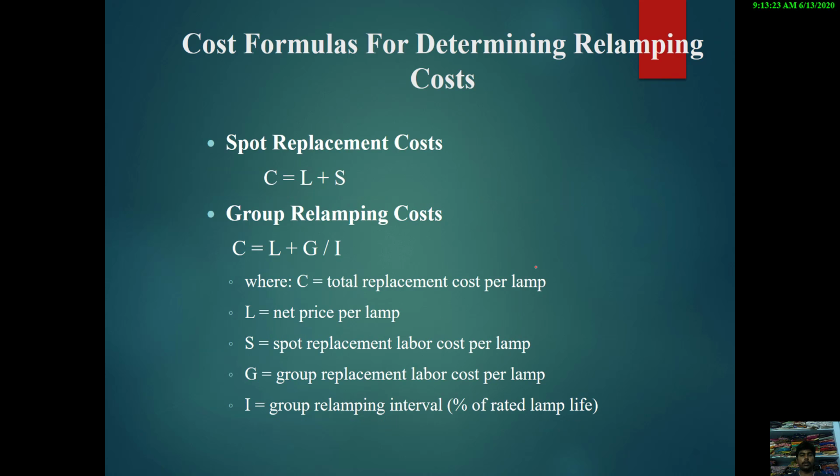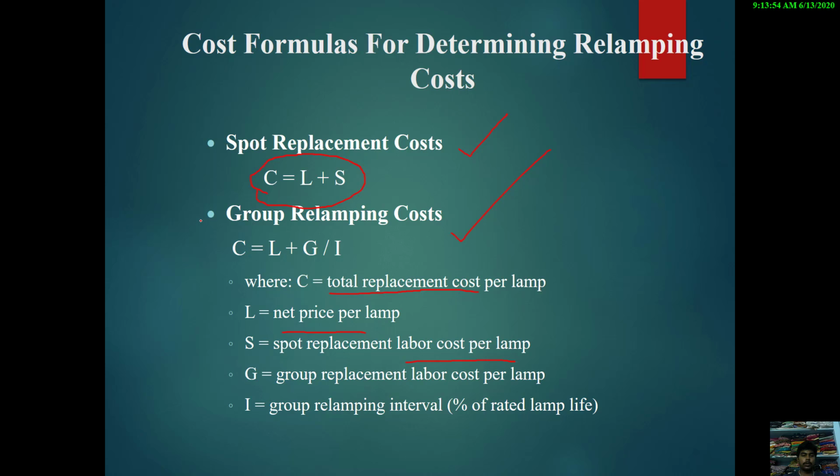And here there are some formulas relating to cost for determining the relamping cost. The first one is for spot relamping cost, and the second one is group relamping cost. Spot relamping cost is given by C equals L plus S, where C is the total replacement cost per lamp, L is the net price per lamp, and S is the spot replacement labor cost per lamp.